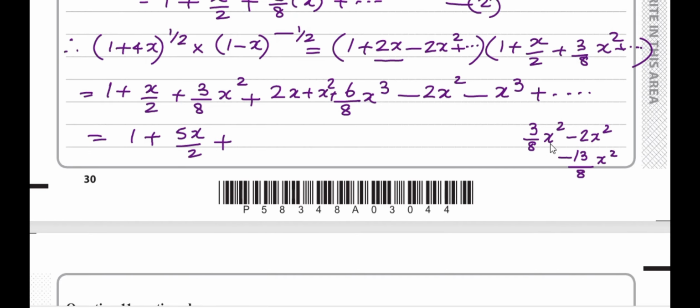So 3 over 8 x square minus 2x square plus 1 more x square is equal to, putting into the calculator I get minus 5x square over 8. Okay, so let me write that here, minus 5x square over 8, and then we put plus dot dot dot. So 1 plus 5x over 2 minus 5x square over 8. So that's the answer for that question.